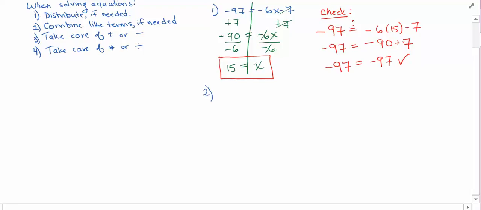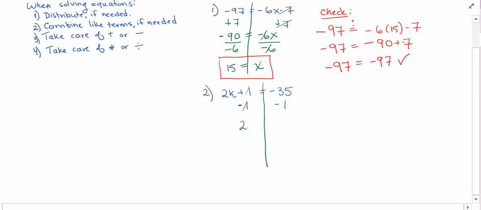Number 2 here, we have the problem of 2k plus 1 equals negative 35. So what do you think the first step is going to be? You want to get your variable by itself. Okay, how would you get rid of the plus 1? Yep, hopefully you realize we're going to want to subtract 1 from both sides.